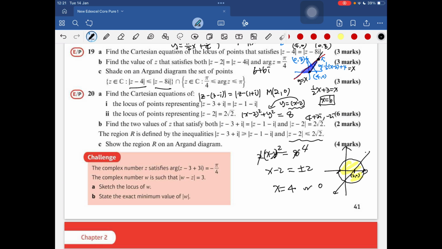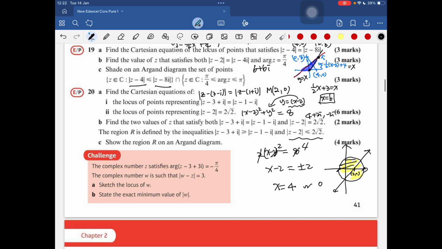So the graph looks like this, actually. Because when x equals 0, y is negative 2. So 2 and negative 2, so it's like this. But this one, from 3, negative 1 and 1, 1, the distance from 3, negative 1 should be larger. So it should be further from 3, negative 1. So it's the upper part here. This is the one.